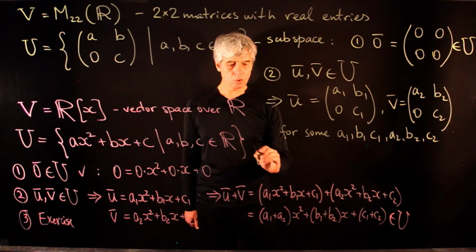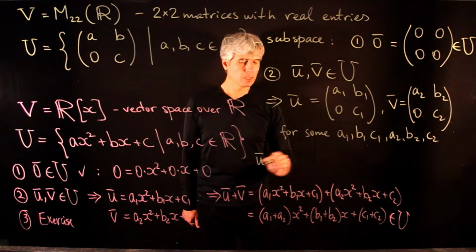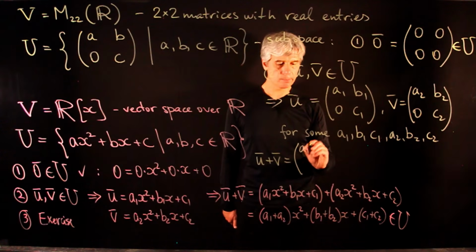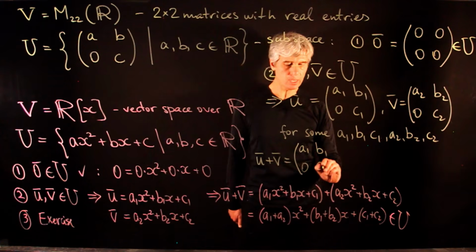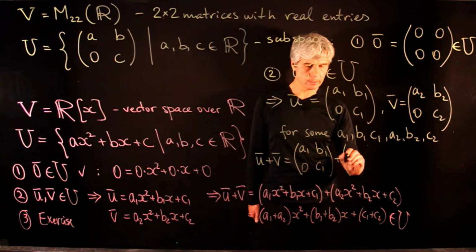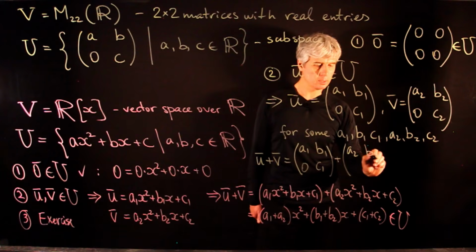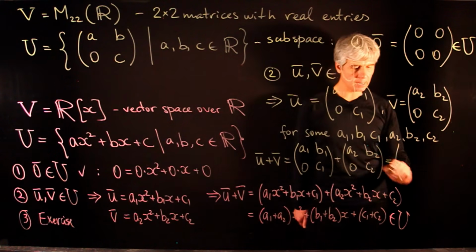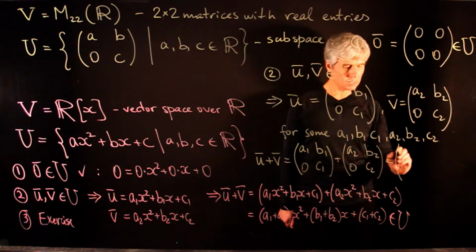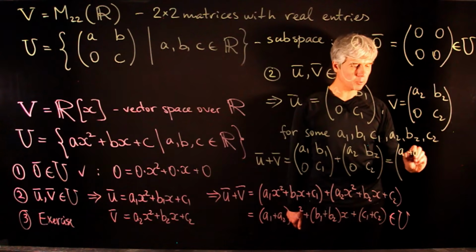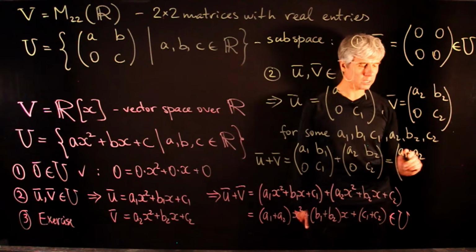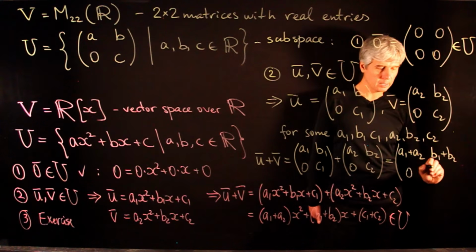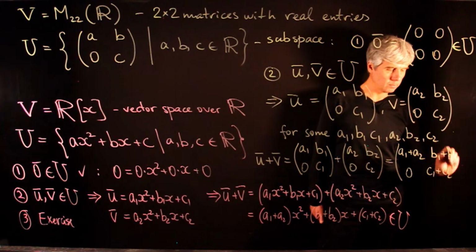Then what is u plus v? u plus v is the sum of these two matrices. But what's the sum of two matrices? The sum of two matrices is carried out component-wise. So we get A1 plus A2, B1 plus B2, 0, C1 plus C2.